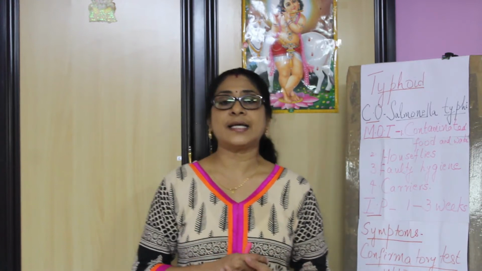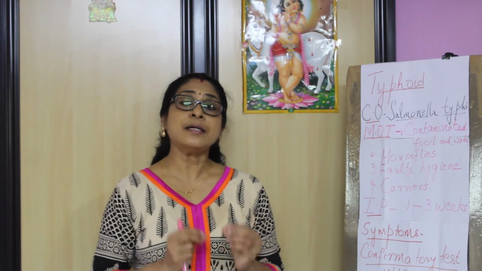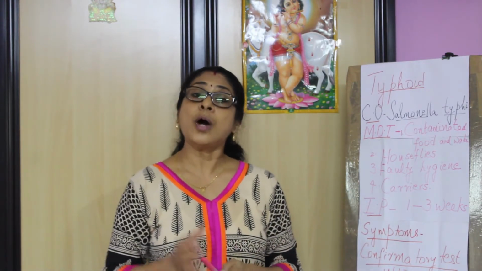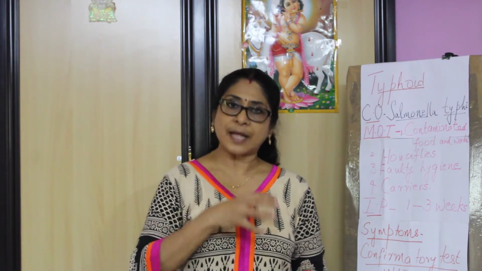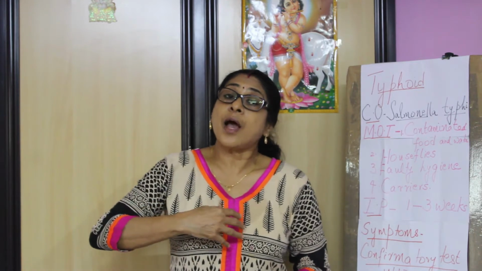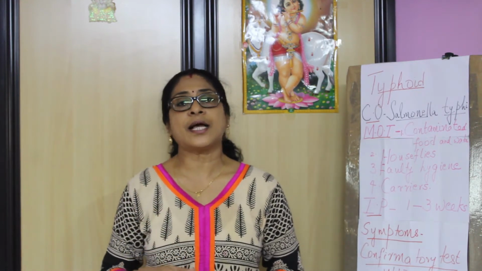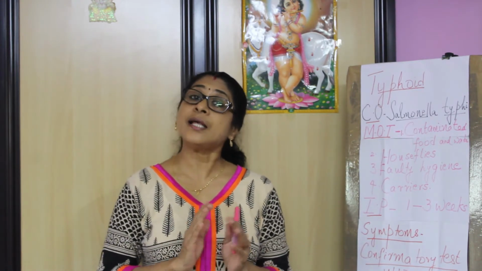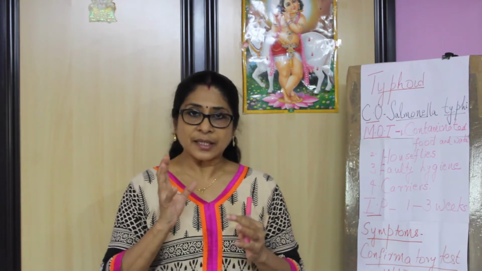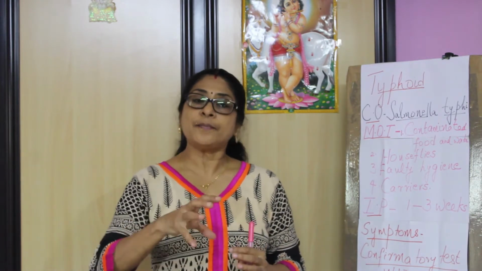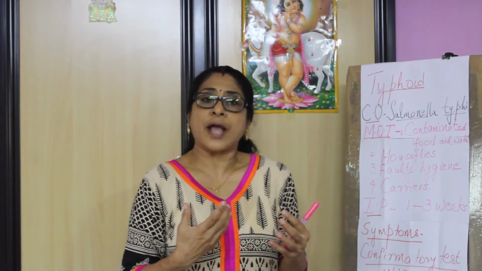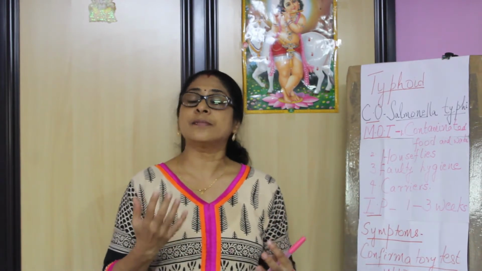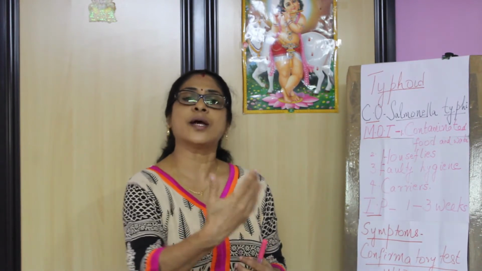Now what exactly are carriers? A carrier is a person who harbors the disease-causing pathogen, for example Salmonella typhi, without exhibiting any kind of symptom. They remain asymptomatic. Suppose the carrier is a cook for an organization or at home; there are possibilities that the disease spreads from the carrier to a healthy person.